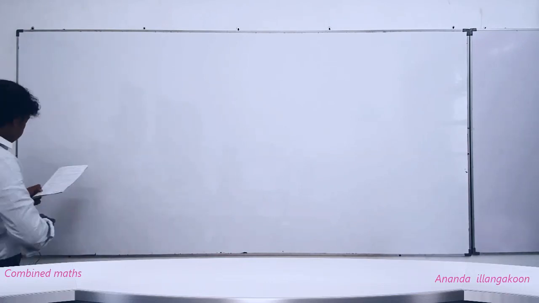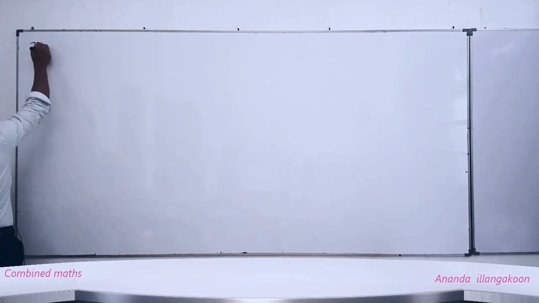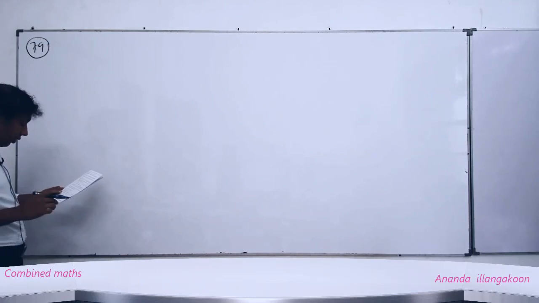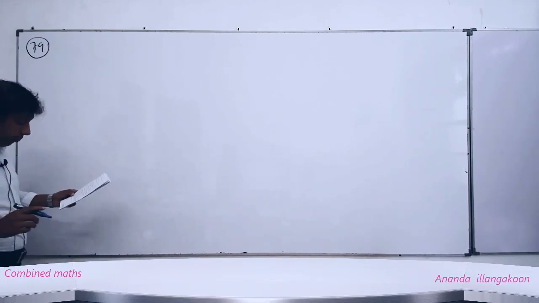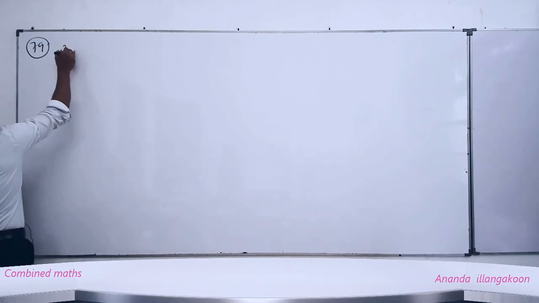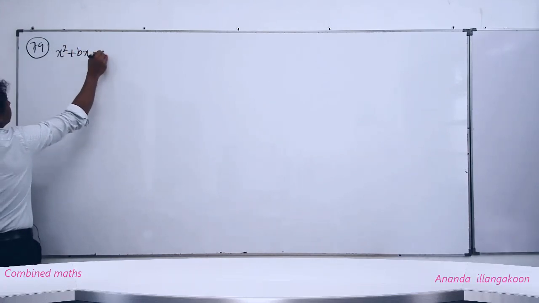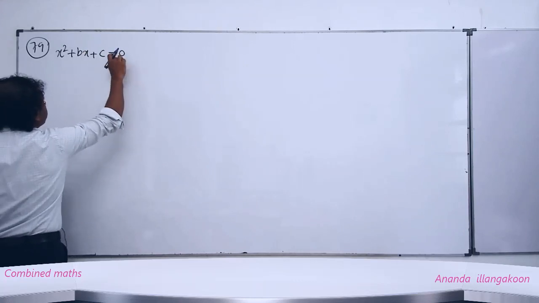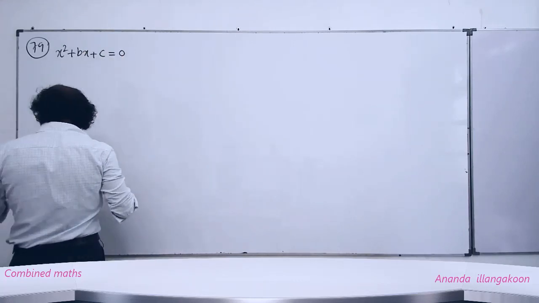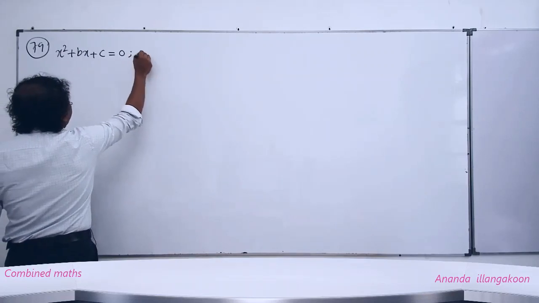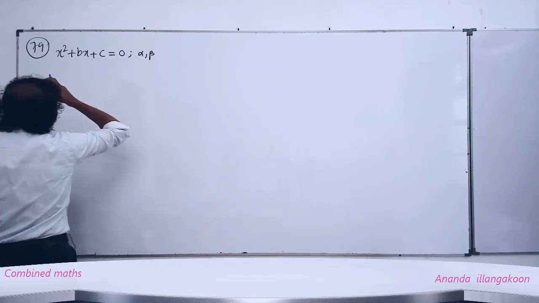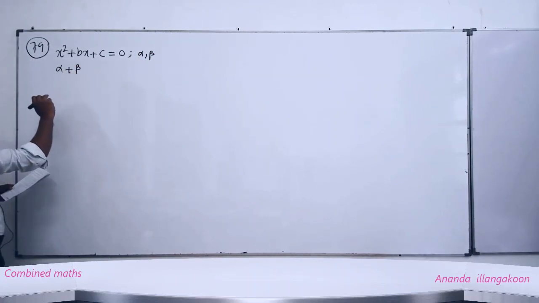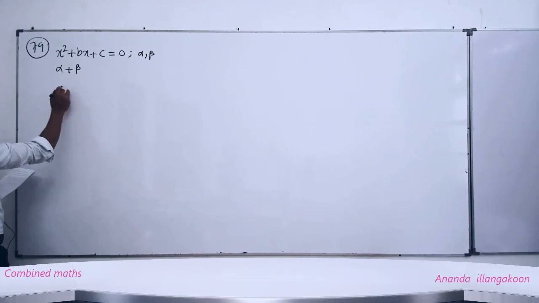The question is given like this. Alpha and beta are the roots of the equation x squared plus bx plus c equals 0. Then, people, we can write the sum of the roots, alpha plus beta, and the product of the roots, alpha beta.